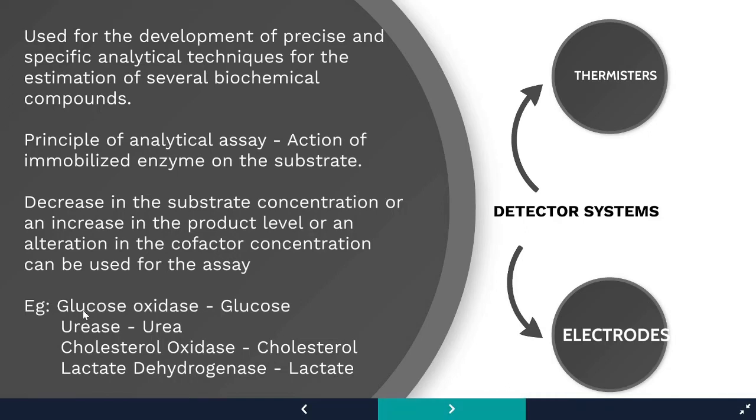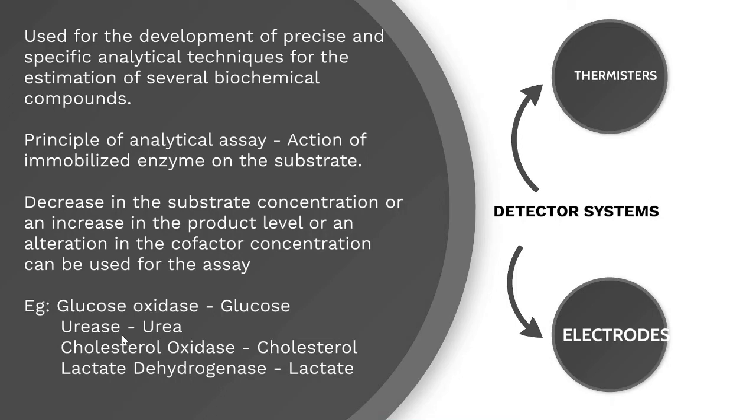And immobilized glucose oxidase is used with the substrate glucose. That is, glucose is the substrate which is assayed with the help of glucose oxidase, urea by urease, cholesterol by cholesterol oxidase, and lactate by lactate dehydrogenase.